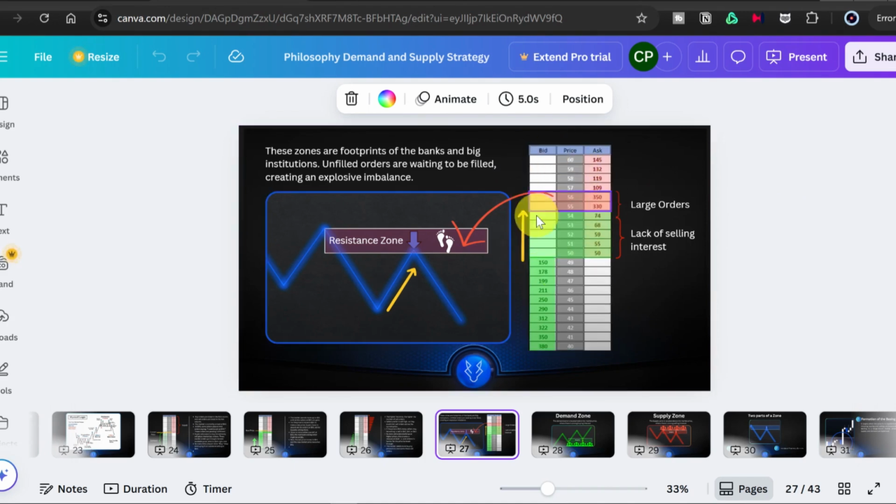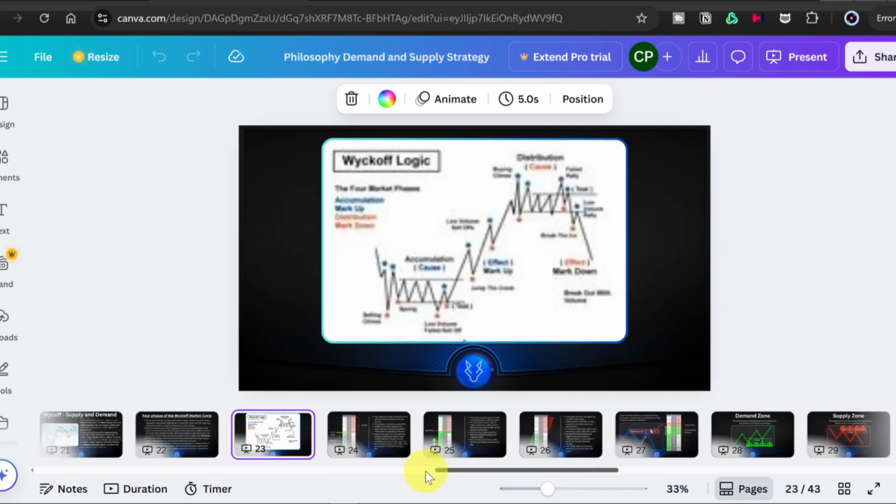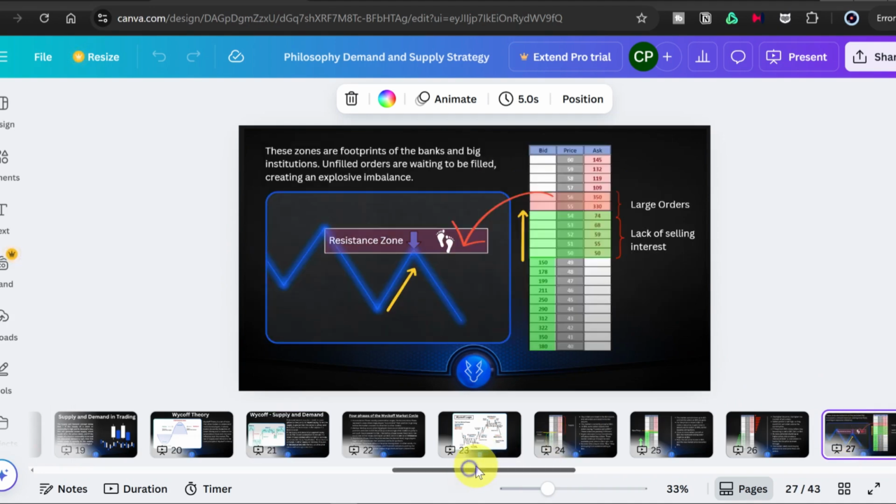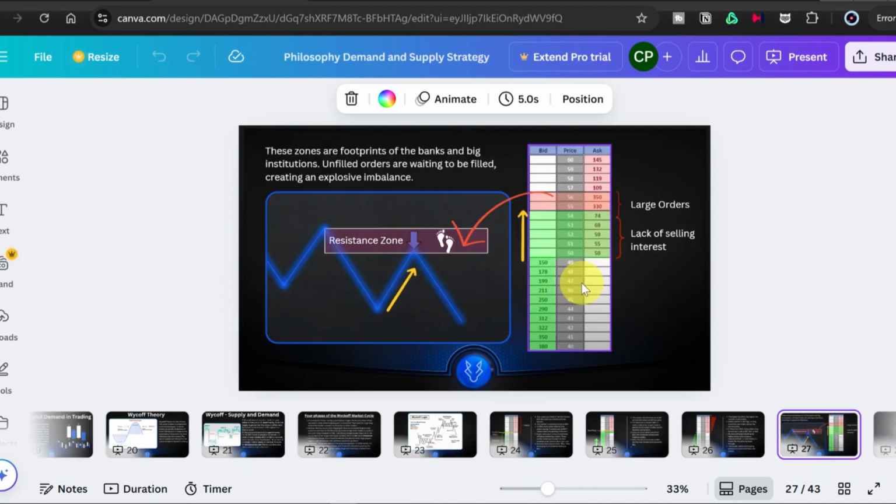Now, this happens behind the scene, and the price is just a visual representation, right? So this chart you see, something like this is just a visual representation of orders that are going on behind the scene.